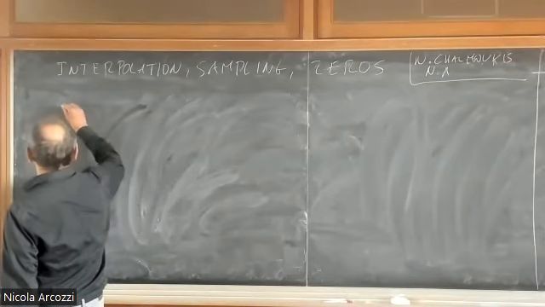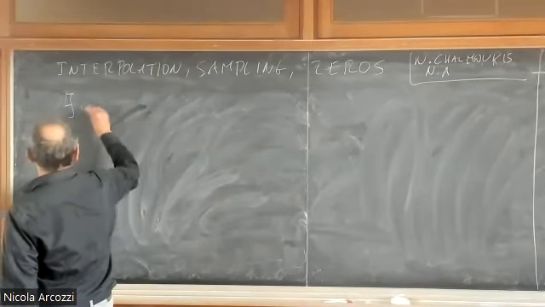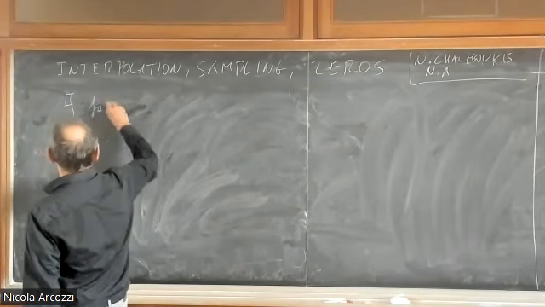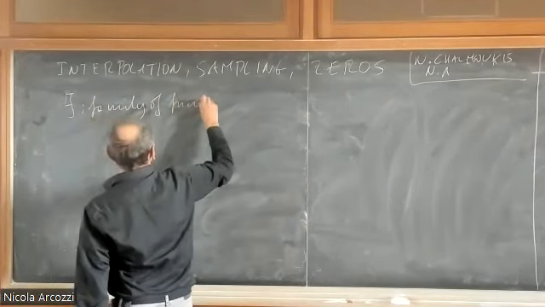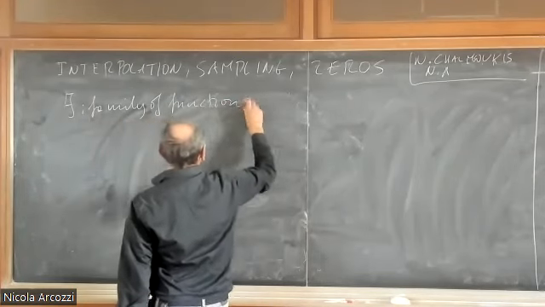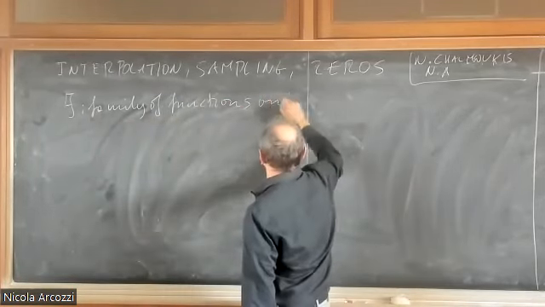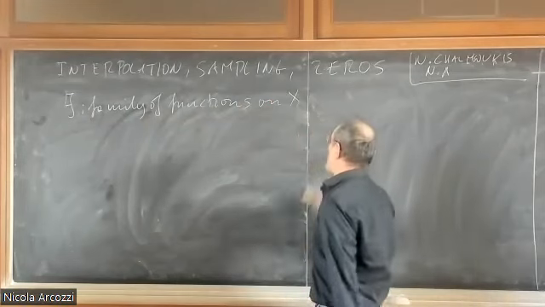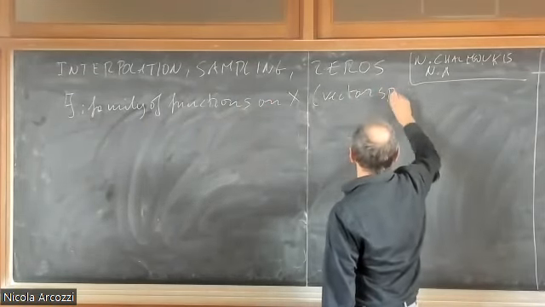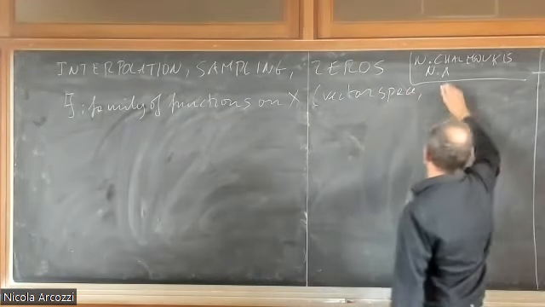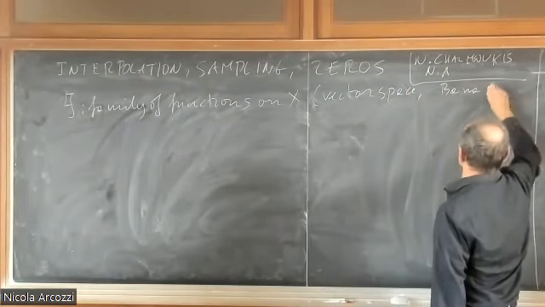Suppose we have a family F of functions on some space X, typically a vector space with some topological structure.